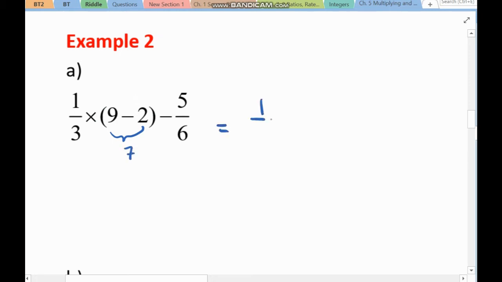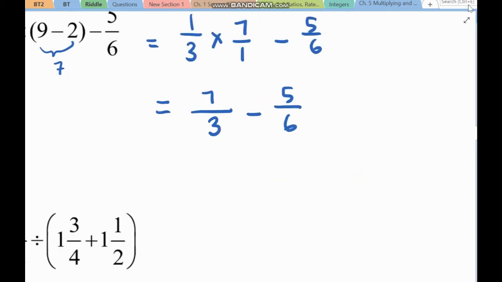Okay. Then let's rewrite it. 1/3 times 7. Okay, everyone. You can change 7 to a fraction, 7 over 1, minus 5 over 6. Okay, 1 times 7 is 7. 3 times 1 is 3, minus 5 over 6.